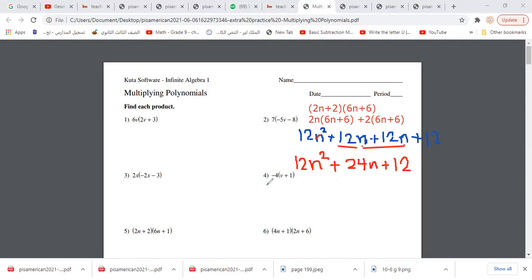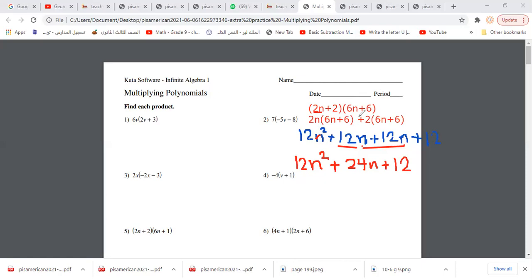Once you have one term before the parentheses, you will distribute it over it. When you have two parentheses, you will separate. We have another way, it's called a special case. This is what we are going to explain tomorrow. But today we have this method. You will only separate the first one into two parts, and then every part you will multiply by the whole second parentheses.